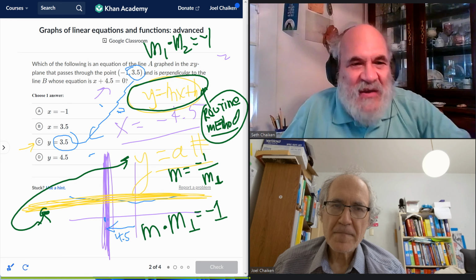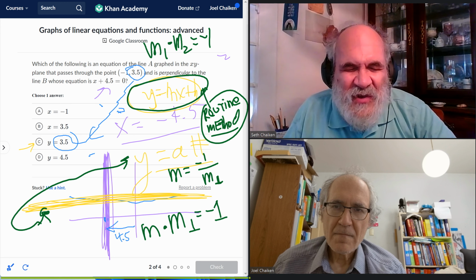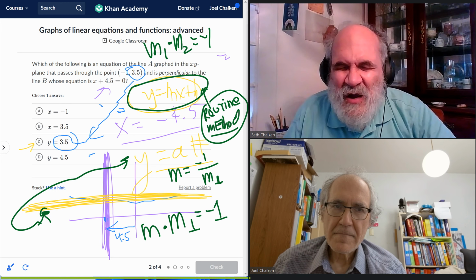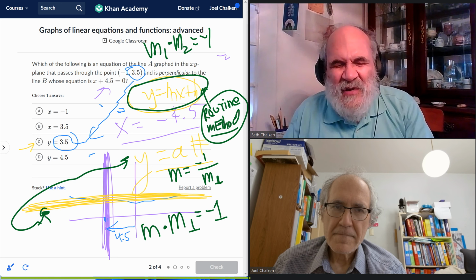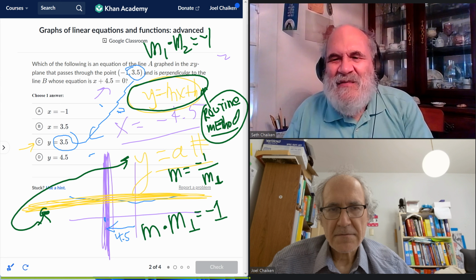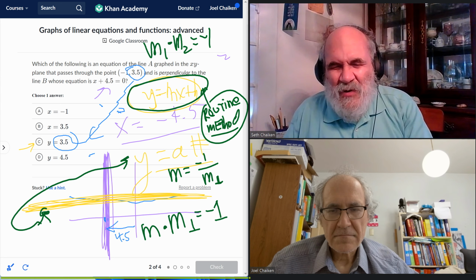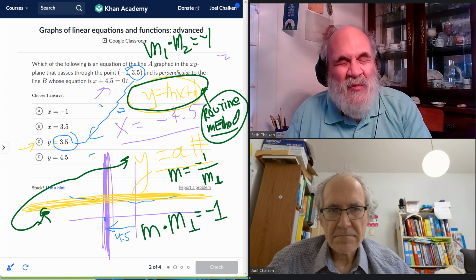The equation x plus 4.5 equals 0 is a vertical line. And so I said, oh, okay, I could avoid using the principle and just say the answer is a horizontal line. And the equations for horizontal lines are the two bottom ones.